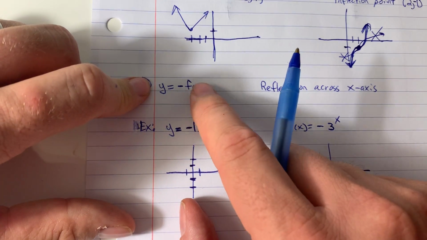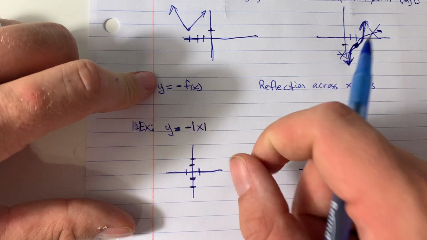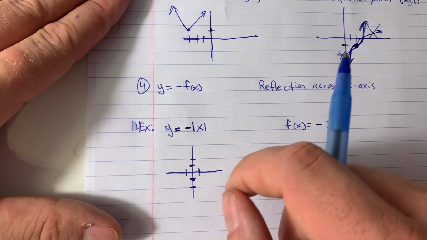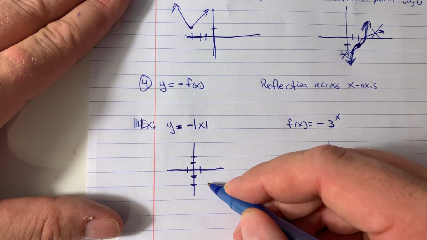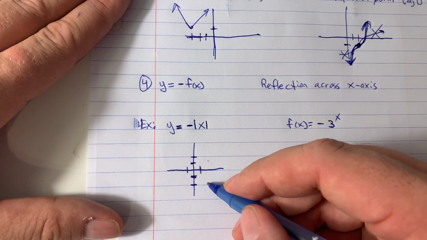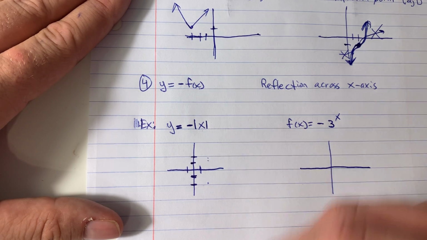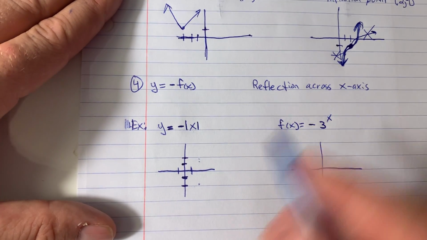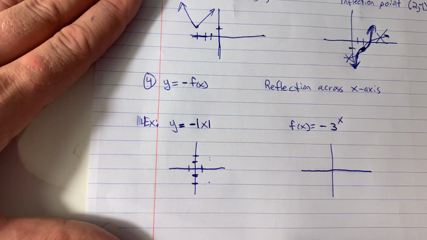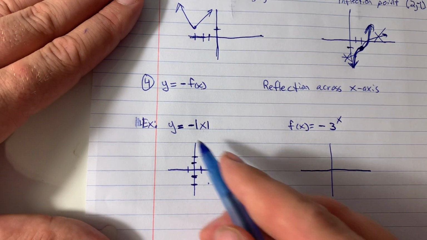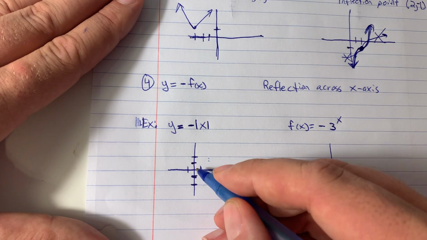Any y values that would have been negative, the negative of a negative will be a positive. And so what this does is it takes all the points that are above the x-axis and moves them below the x-axis, all the points that were below the x-axis and moves them above the x-axis, and this is a reflection across the x-axis.